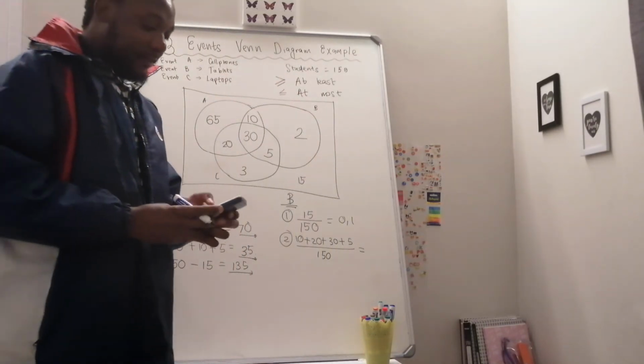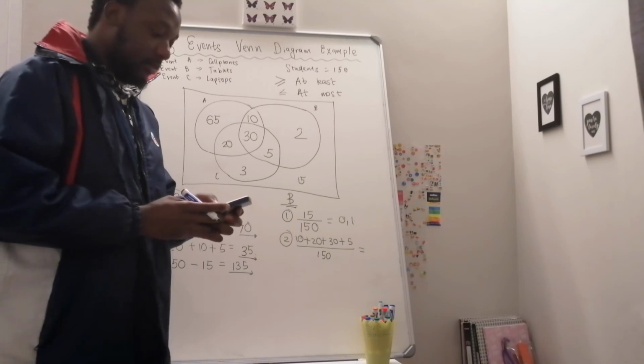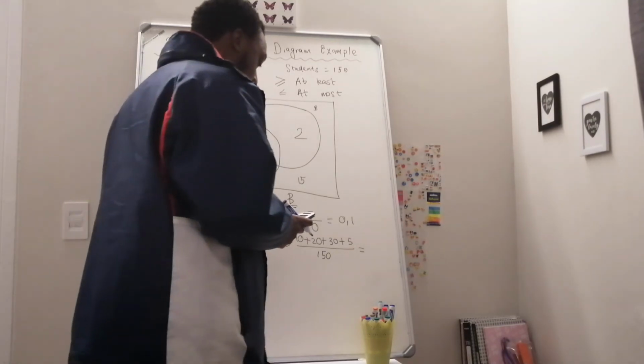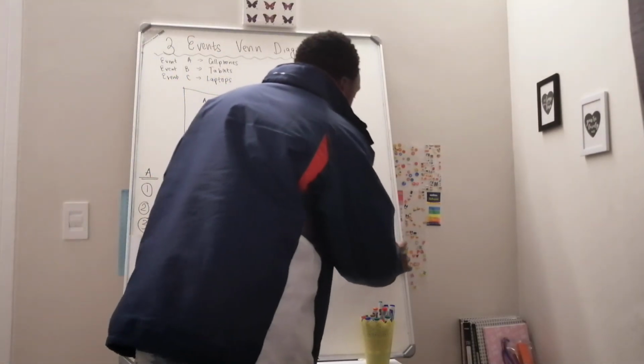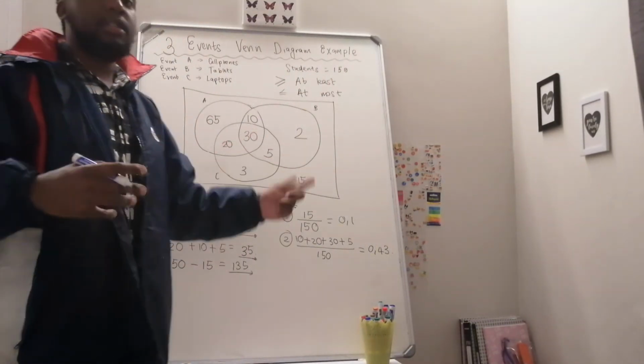And what do we get? It's about 43%. So the chances that I'll choose someone is about 43%.